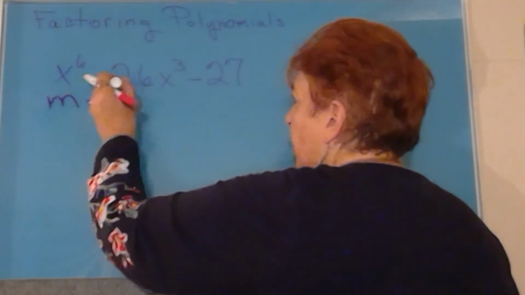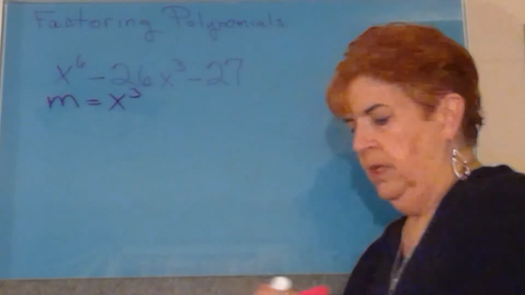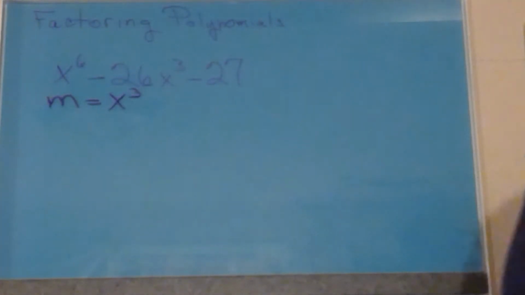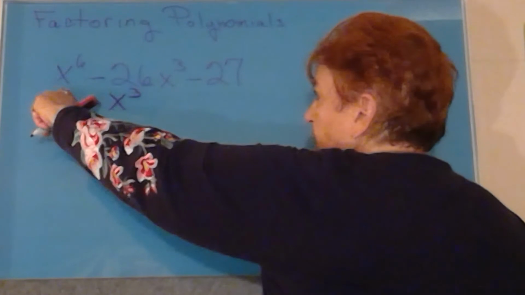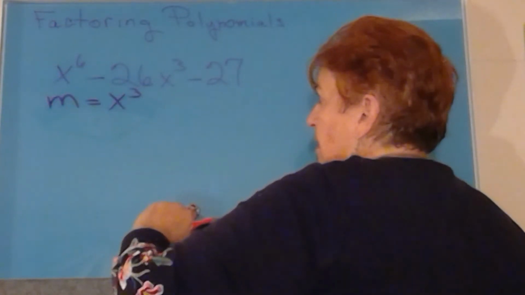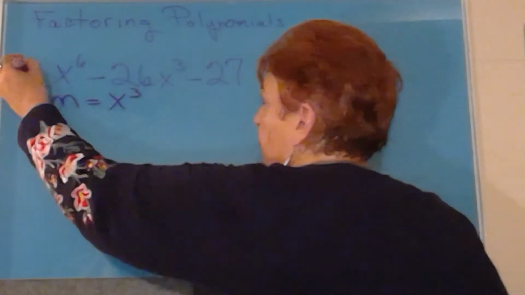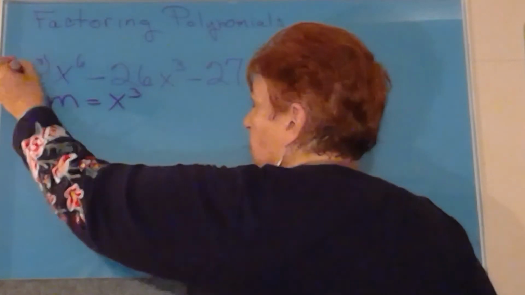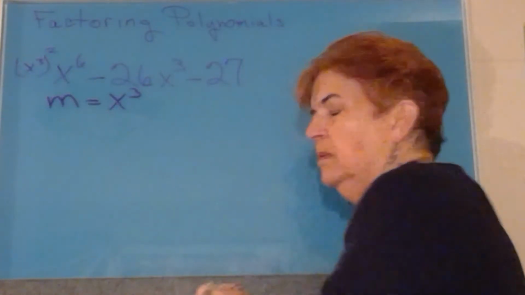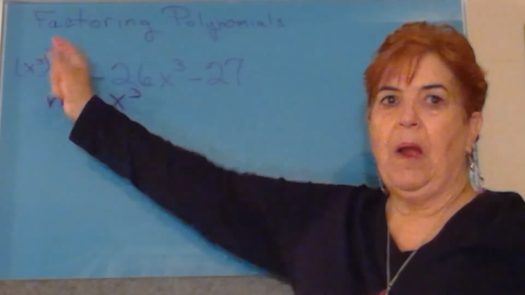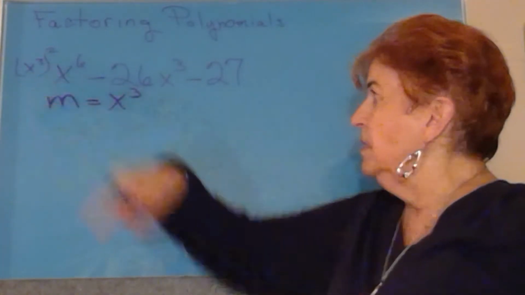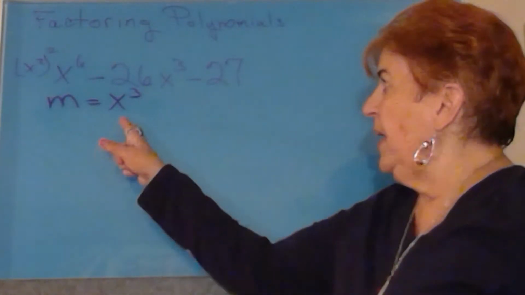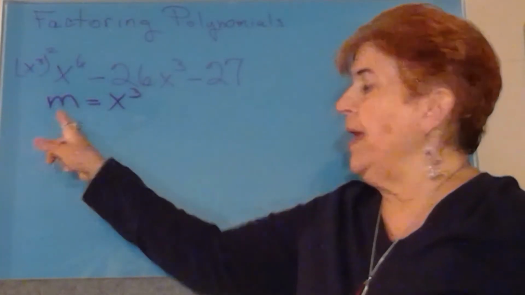And it might take you a minute to think about it, but you should be able to realize that x to the sixth is simply x to the third squared. When raising a power to a power, you multiply the exponents, so x to the third squared is x to the sixth. But x to the third is m.